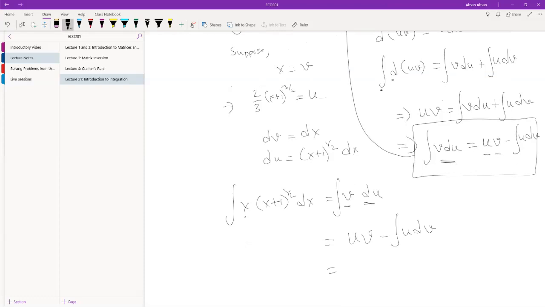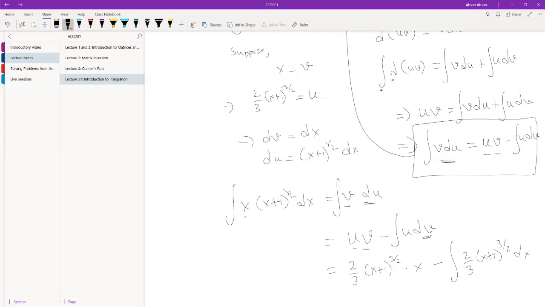We know these values. We know what u is, we know what v is, and what we will get is 2/3 (x plus 1) to the power 3/2, which is u, times v, which is x, minus integration of u, which is 2/3 (x plus 1) to the power 3/2, times dv. dv is how much? dv is dx.